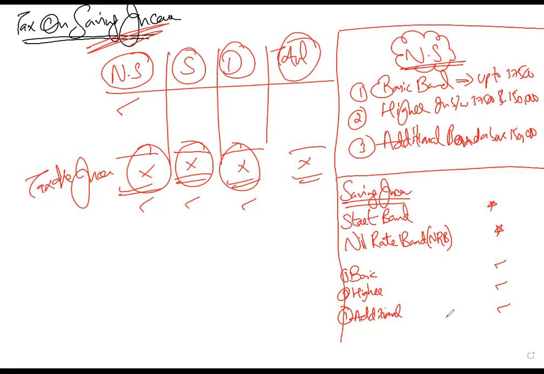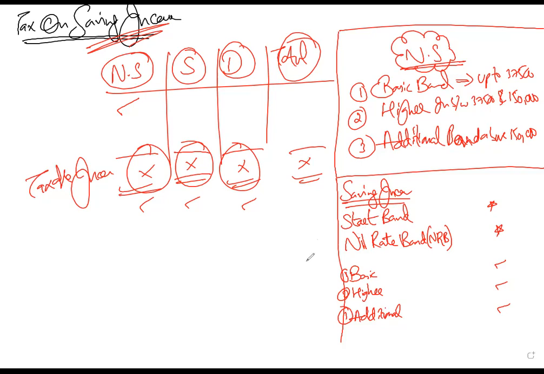In non-savings we have three bands, but in savings income we have a total of five bands. No questions? Okay.